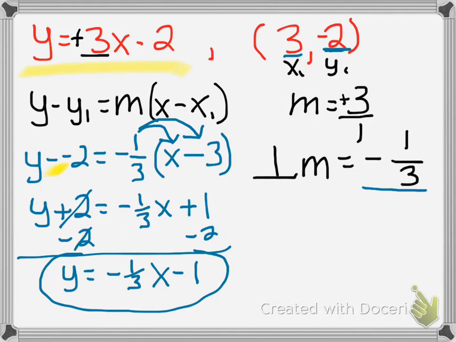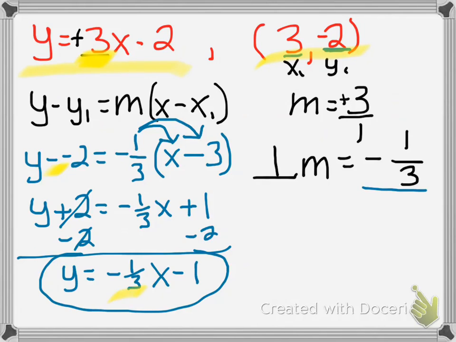Now, what you'll notice is the y-intercepts, will they always be different? Maybe not. Depends on what point they want it to pass through. But the main thing is this slope and this slope need to be opposite signs and a flipped fraction.